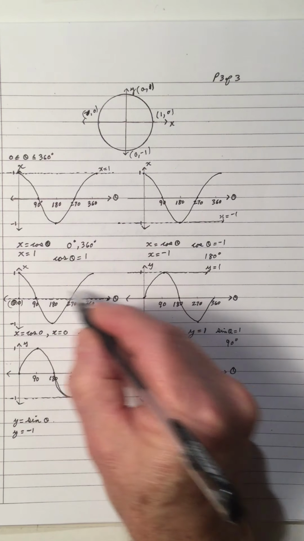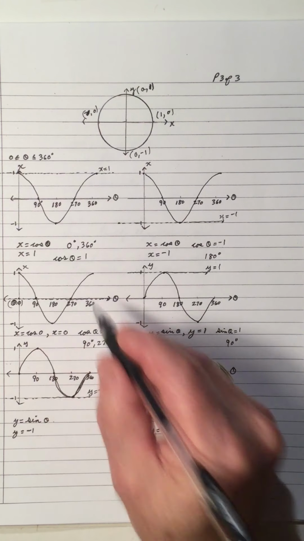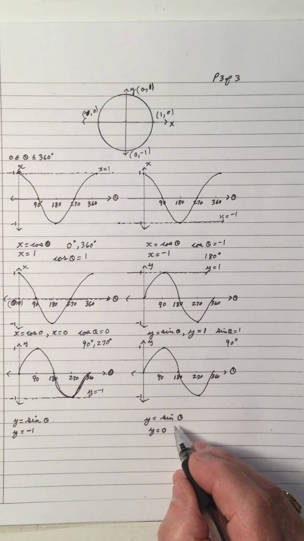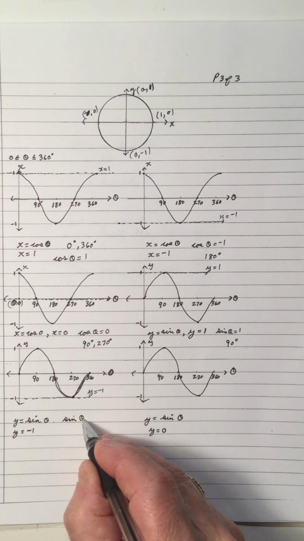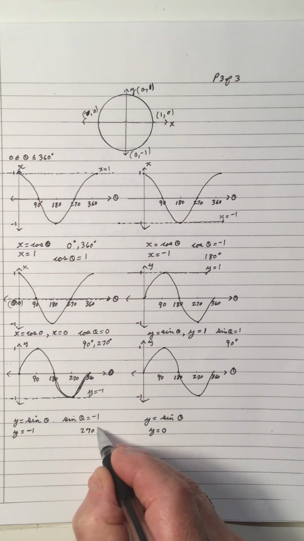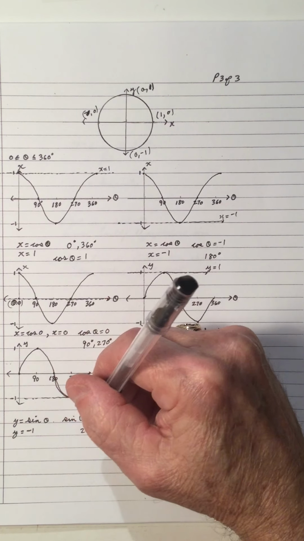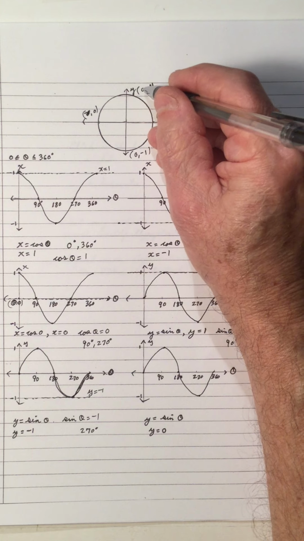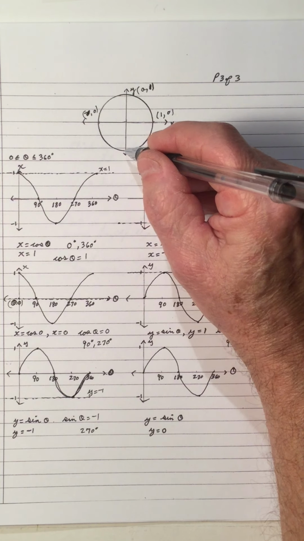X is 1 there, negative 1 there, x is 0 going through here. And so the equation is sine theta equals negative 1. So that's 270 degrees right there. Sine is negative 1 where y is negative 1 here, and that's the rotation of 270.